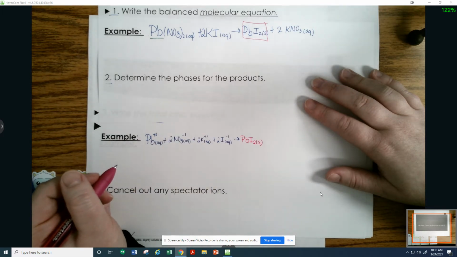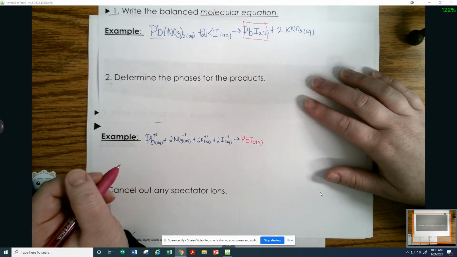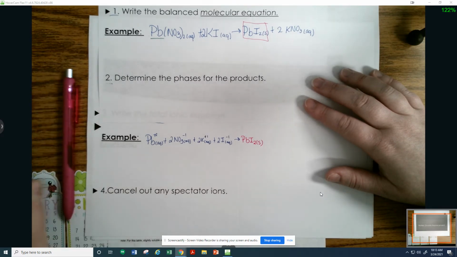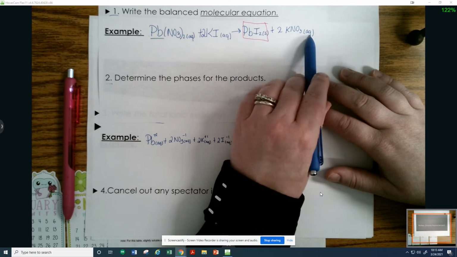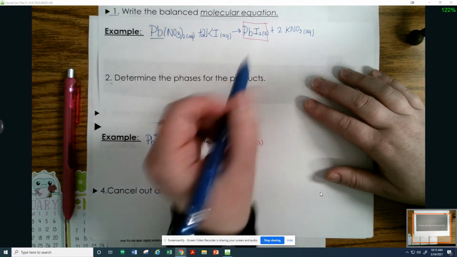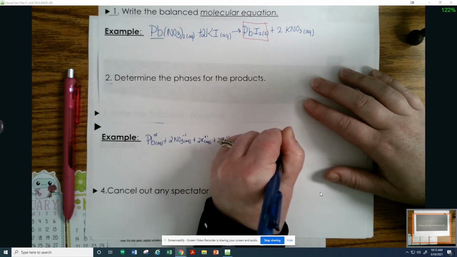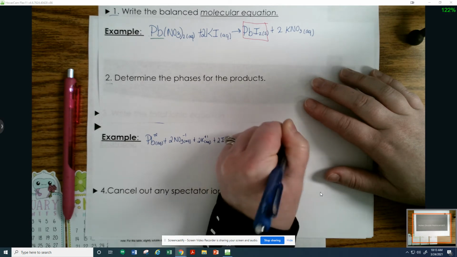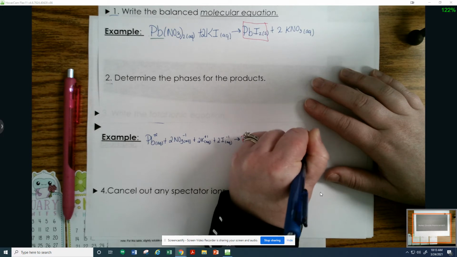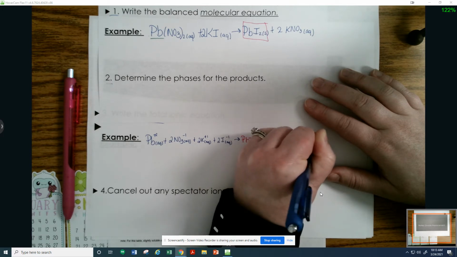You only break apart things that are aqueous because that means that it is in an ion form. Following with my last product, it is aqueous, and I have a coefficient of 2. So I have 2 K+1 and 2 NO3 with a -1.